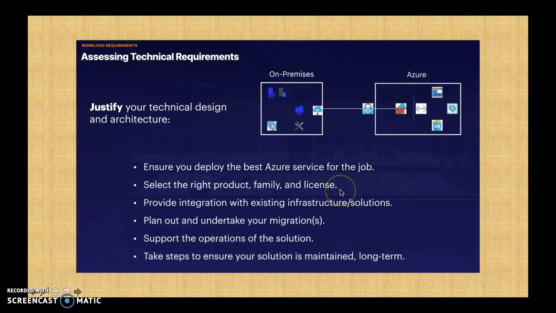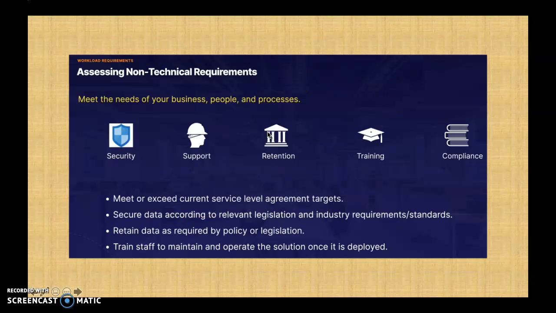There are technical and non-technical requirements, and then justifying your technical design and architecture. Ensure you deploy the best Azure services or any other service. Select the right project and family. All those things are assessing technical requirements.